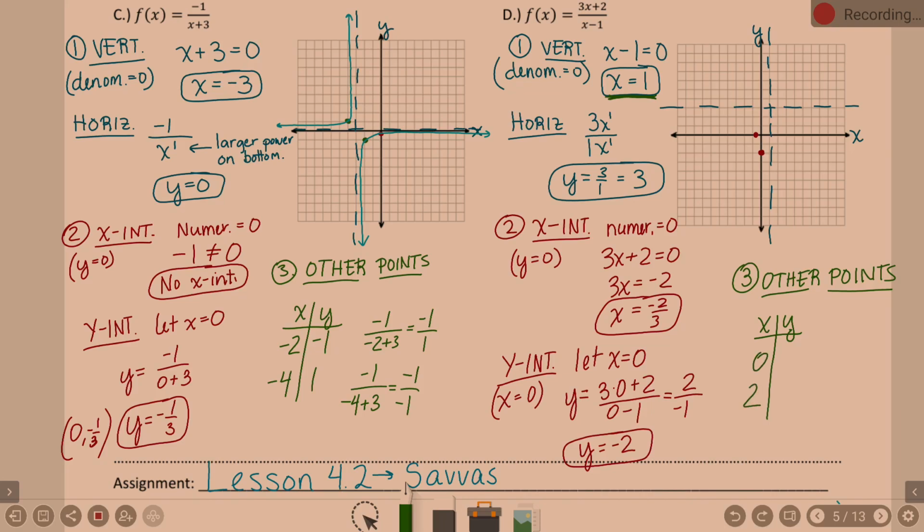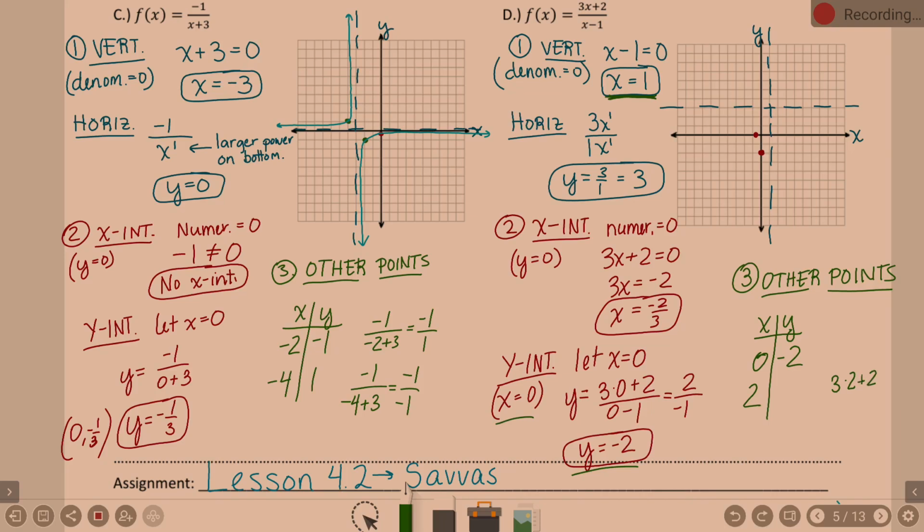Technically, did we already do 0? Yeah. We did 0 and got what? Negative 2. So that one's done. We know it's going to be down there. Where should 2 put us? That's top right. 2 should put us up here somewhere. Let's check it out real quick.